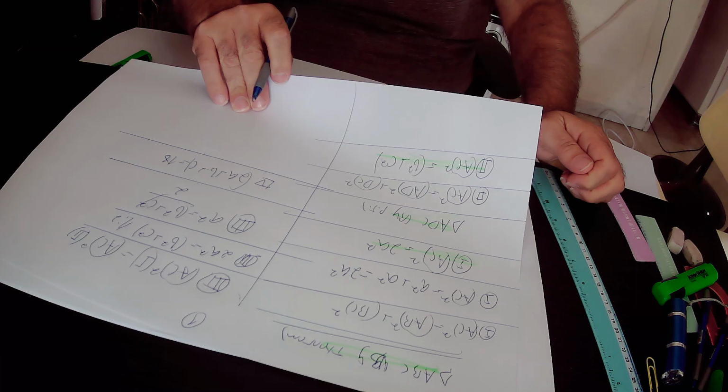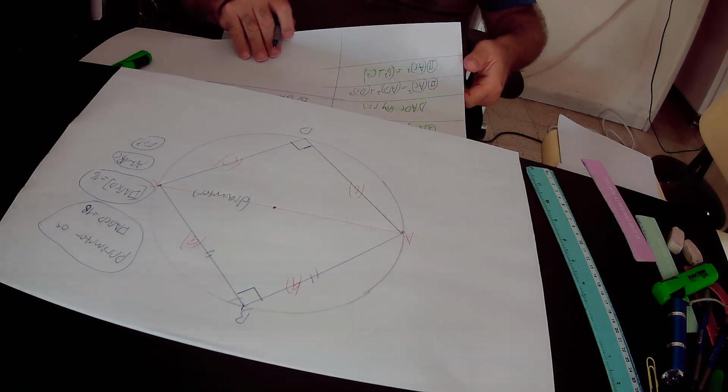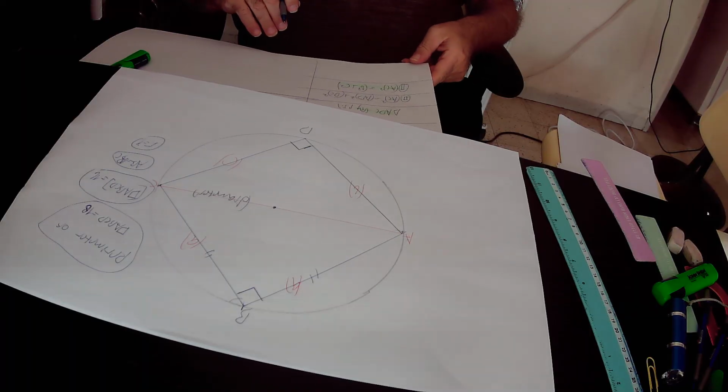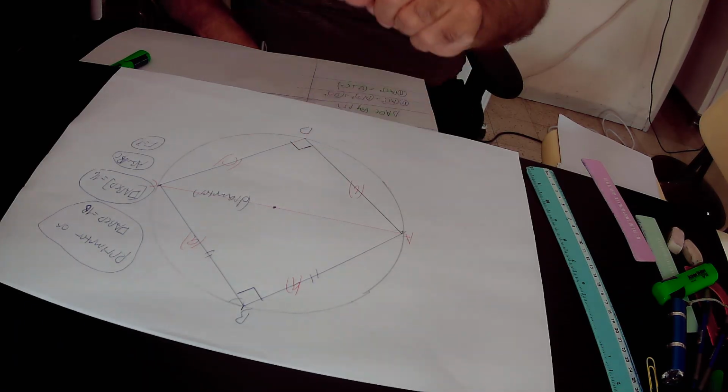It is also given in the question that the area of this polygon ABCD equals 16 square units in its size. Polygon ABCD consists of those two right triangles. Therefore, the area of polygon ABCD in total is equal to the sum of the areas of those two shapes that it consists of.